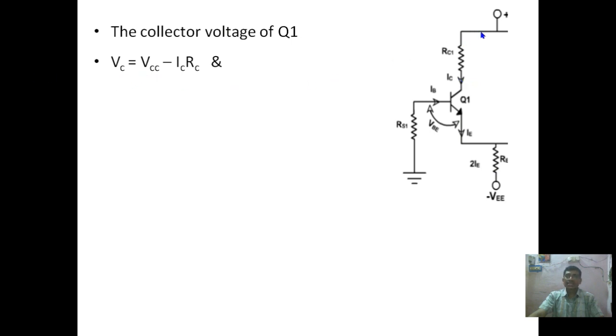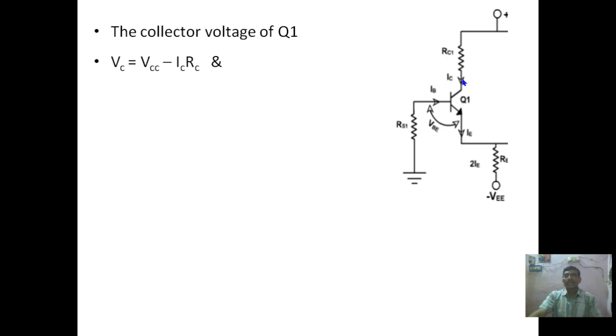So Vc is equal to the applied voltage VCC minus ICRC, that is, the applied voltage minus the drop in the resistor RC1. RC1 or RC, because RC1 is equal to RC2, that's why we have just taken it as RC.